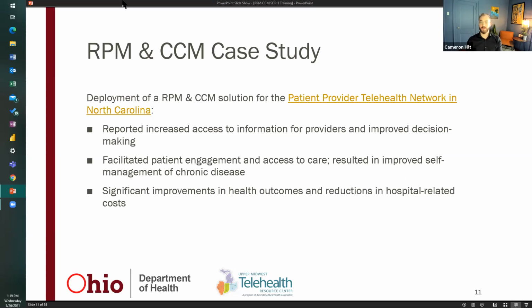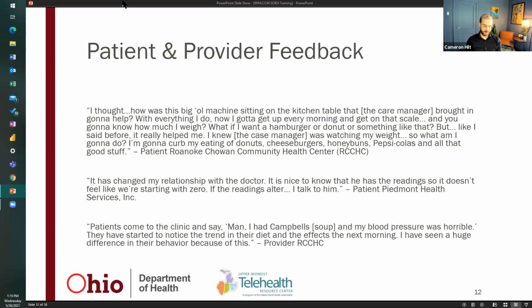And then they saw significant improvements in health outcomes and reduction in hospital-related costs. But a couple of things to note that I think were interesting from this particular group that utilized RPM and CCM together are some of these quotes that they pulled from both patients and providers at their site.